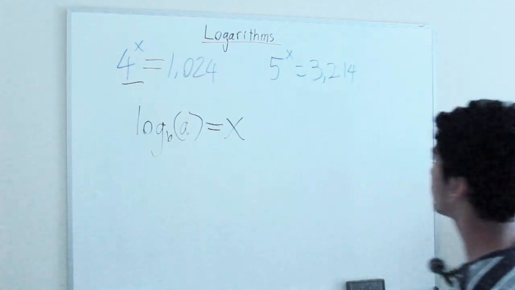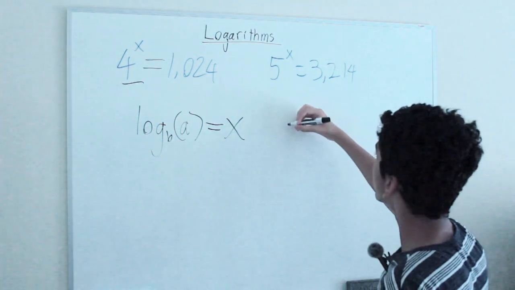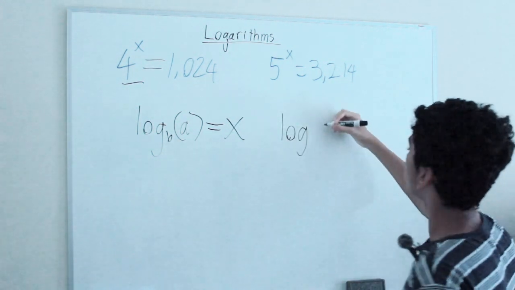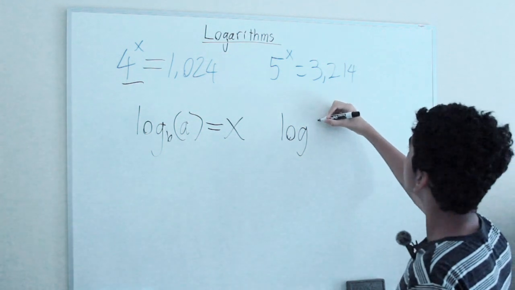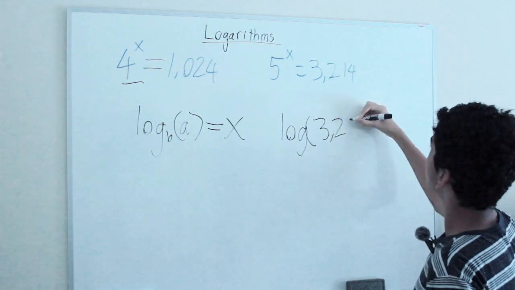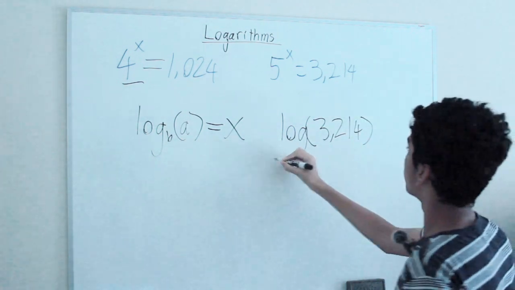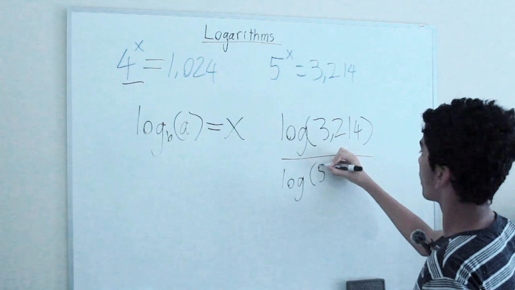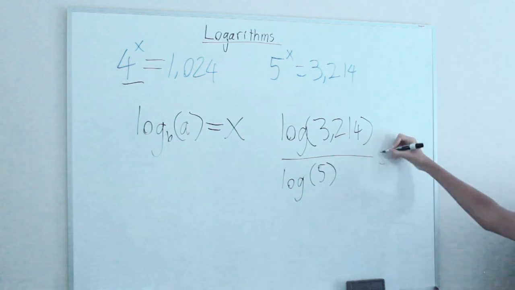So in the calculator, you have to enter log of 3,214 divided by log 5.